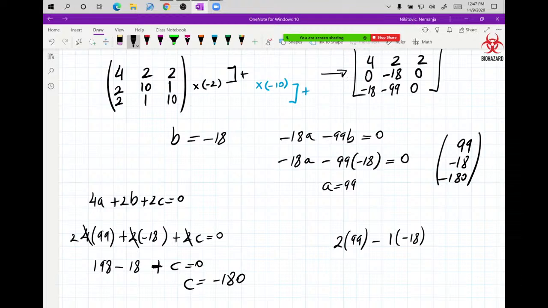And then plus, no, it's plus 1. So 2 times 99, 1 times B, and then 10 times -180. That's not going to make a 0, right? So there is still something wrong.